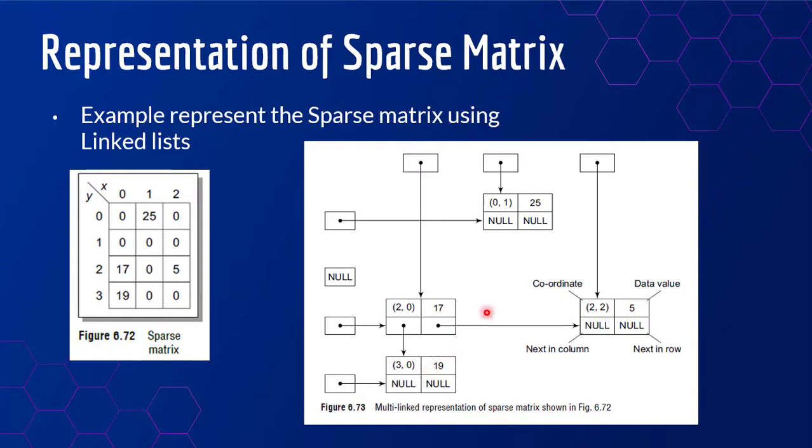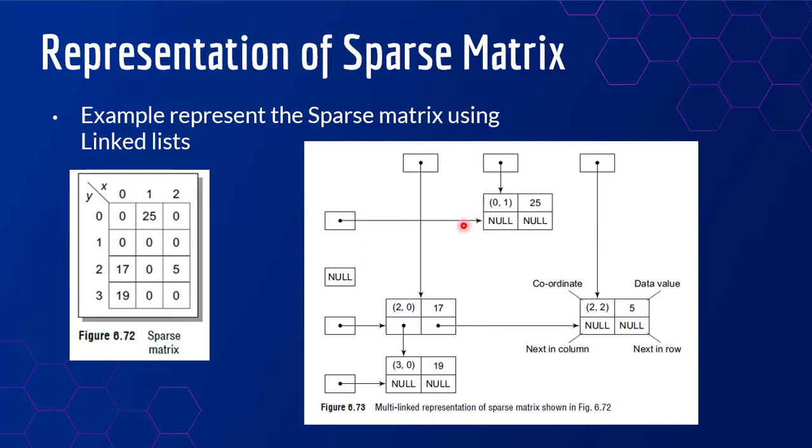Once we have done this, we have to put in the links. First of all we start with rows, linking the rows together. We have to check, is there any node in this row? We have this node in this row, so we directly link this row link to this node.